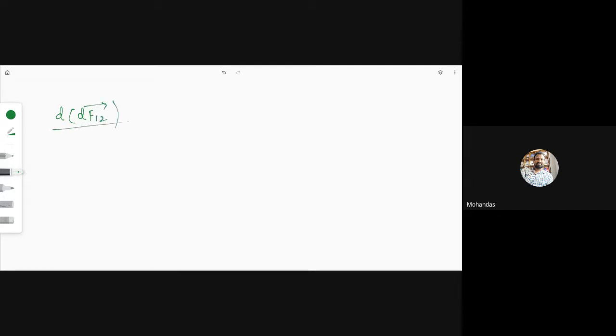What is the d of dF12? చెప్తారా? ఫోర్స్ డ్యూ టు డిఫరెన్షియల్ మ్యాగ్నెటిక్ ఫీల్డ్. dB1 or dB2 అన్నా?